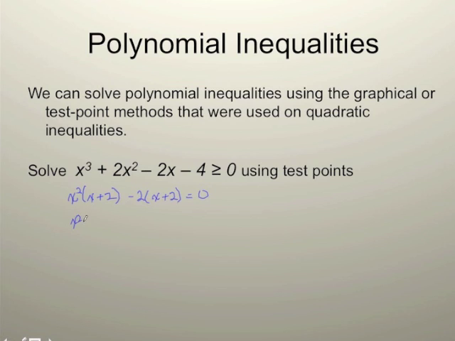So I'll have x squared minus 2 times x plus 2 equals 0. So this one will give me x equals negative 2, and this will tell me x squared minus 2 equals 0. X squared will equal 2, so x will equal plus or minus the square root of 2.